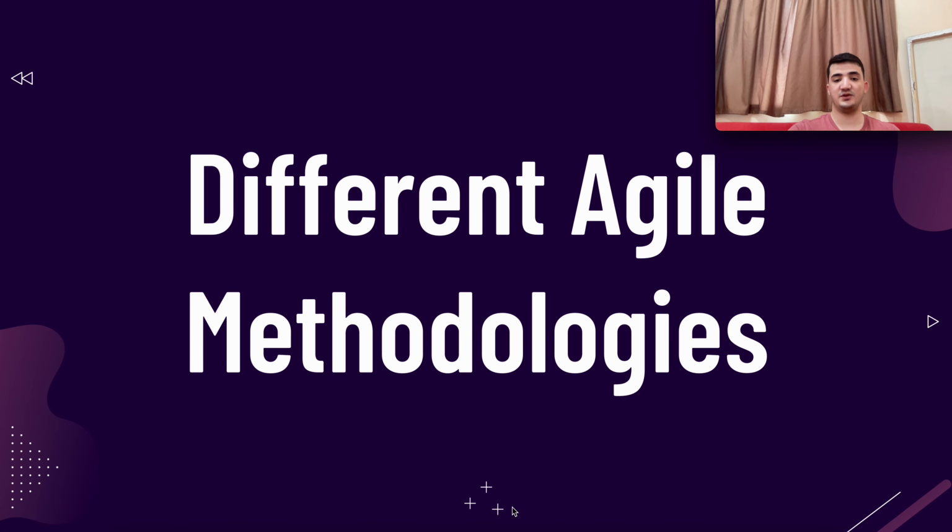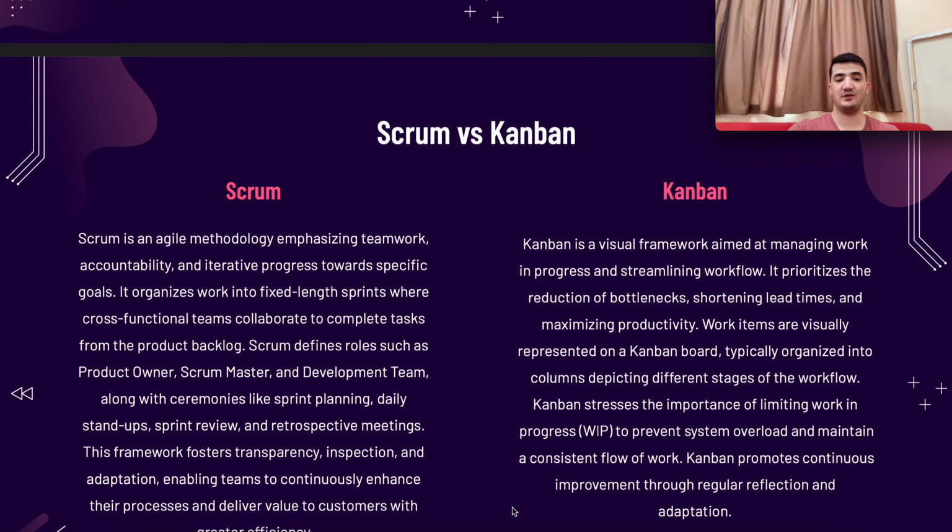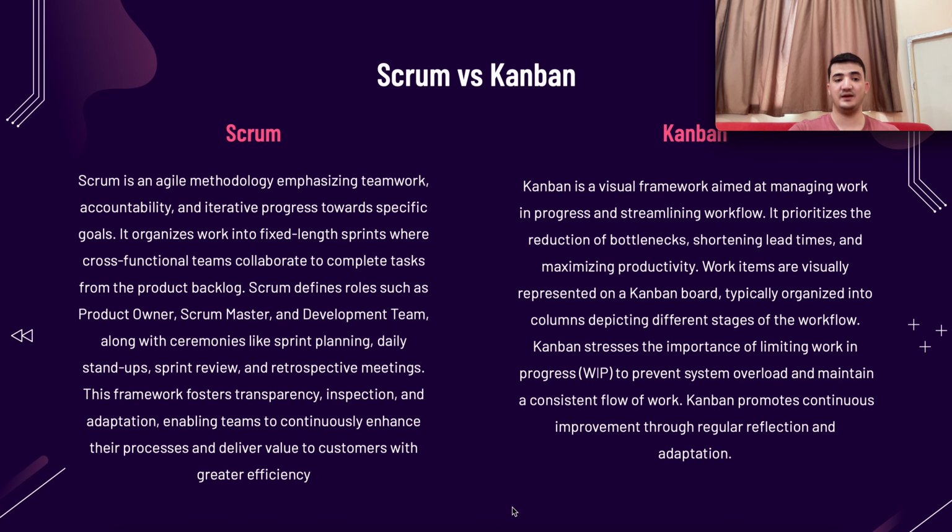So let's look at two different Agile methodologies, and we're going to look at Scrum versus Kanban. Scrum is an Agile methodology that emphasizes teamwork, accountability, and iterative progress towards specific goals. In Scrum, the work is separated into fixed lengths, which are called sprints, where the teams collaborate to complete tasks from the product backlog.